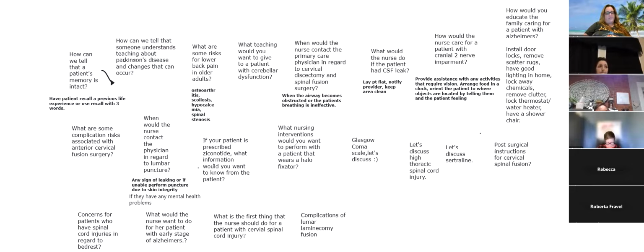Okay, so let's talk about MS. If we have a patient with severe muscle spasticity and tremors, what would you as a nurse plan on doing to help manage the patient's concerns? What's the treatment?